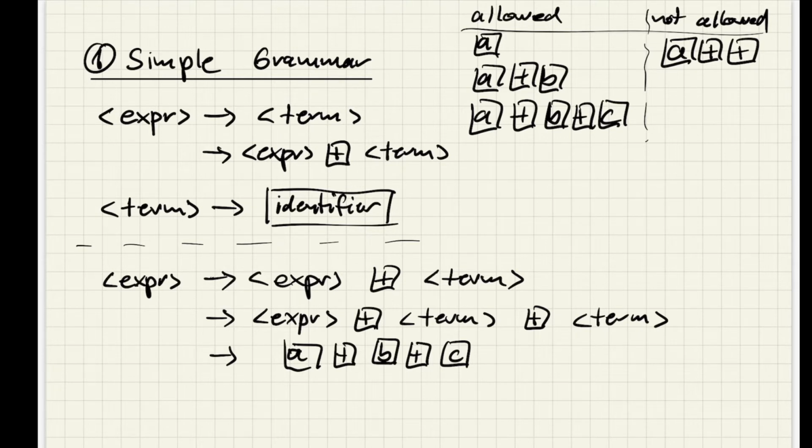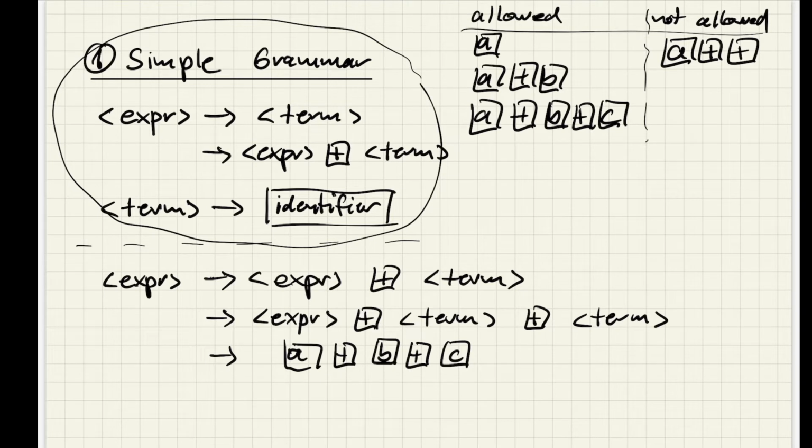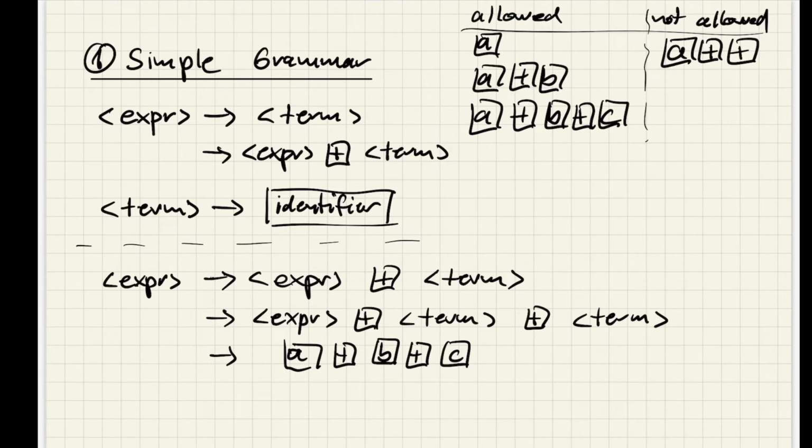For you, the focus should be to understand that this grammar specifies for you what is allowed, what is accepted, that you can have an identifier or a sum of identifiers, and the meaning of that is not just given by these three examples, it's given here a bit more general. And you also will see that with these grammar rules, you can get an idea how expressions are actually evaluated.